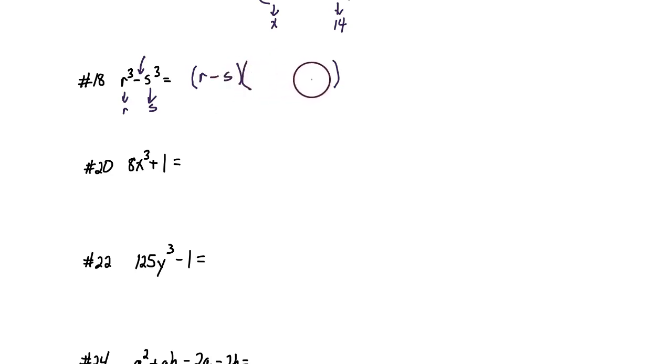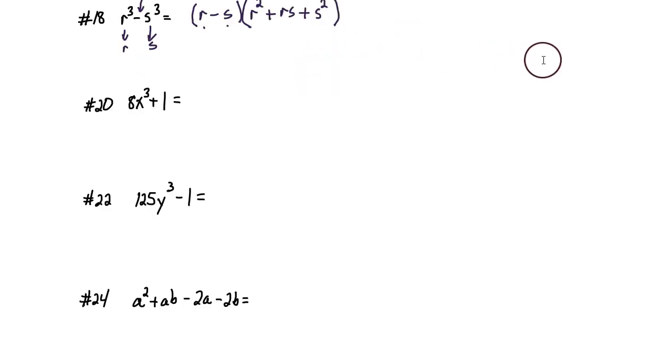Then we create the trinomial from this binomial. Take the r and square it. Take that sign and switch it. Now take the product of the two things, that's rs. Now use a positive again. Take the s and square it. Here's our factored form. Number 20, there's no GCF.